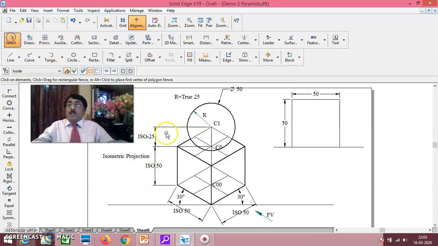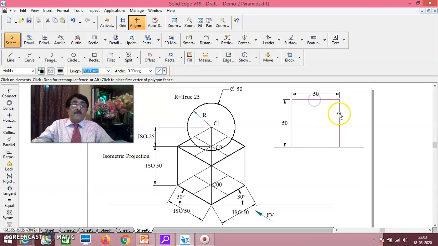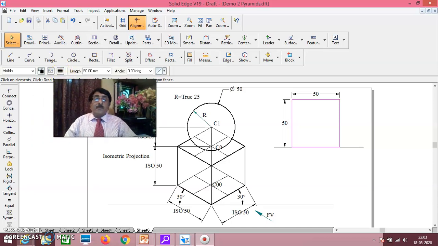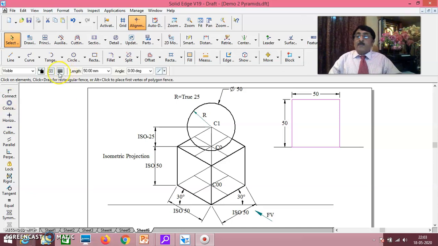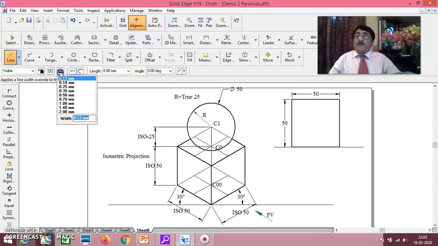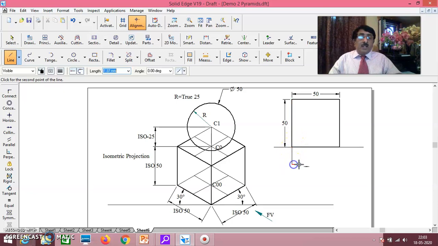First, let me darken this, because anyway these things have to be darkened. Front view is this, and I'll come to the top. You leave any distance here.